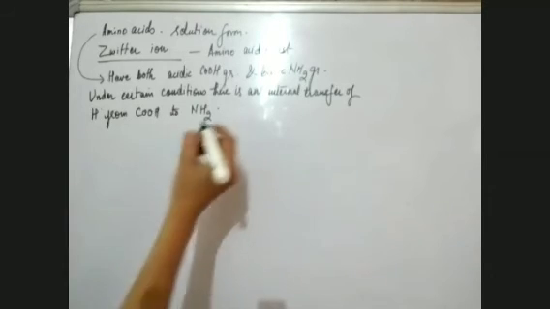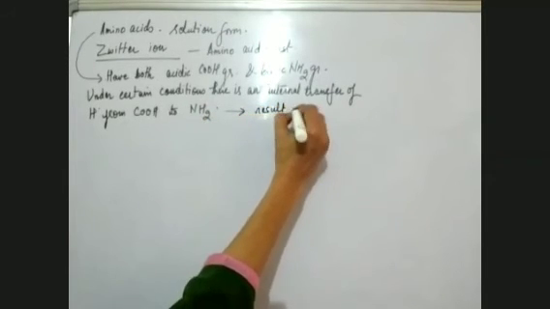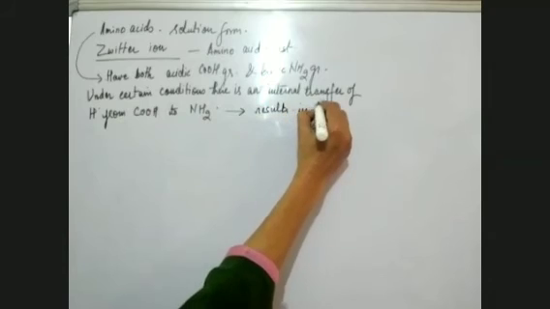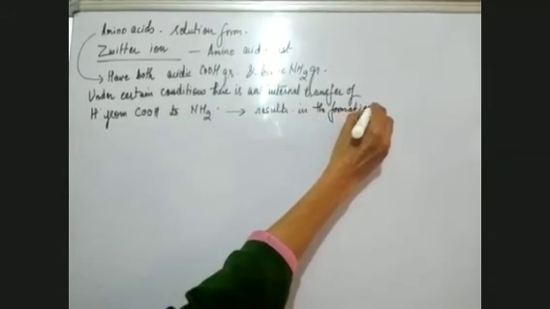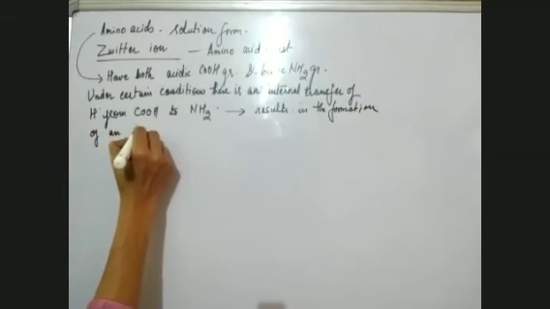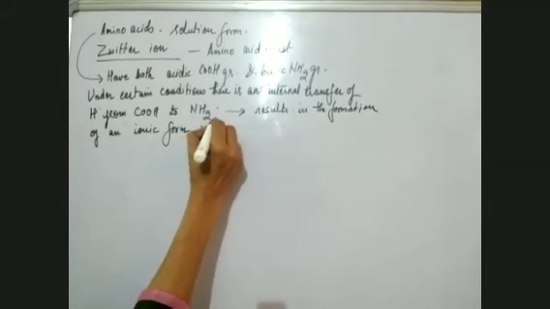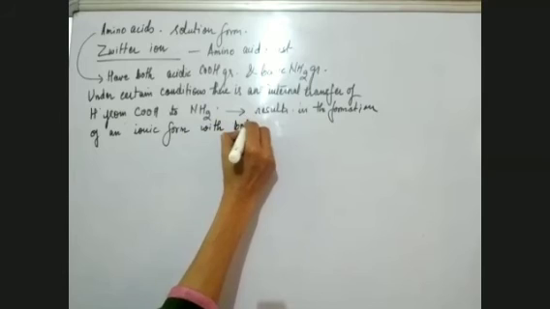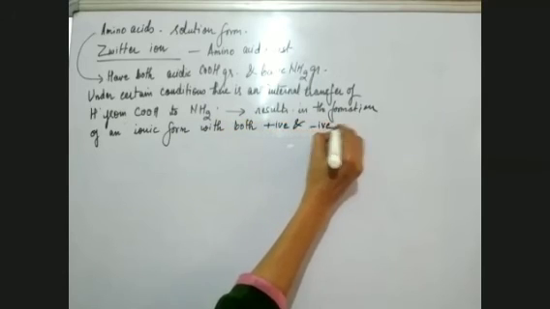This results in the formation of an ionic form with both positive and negative charge.